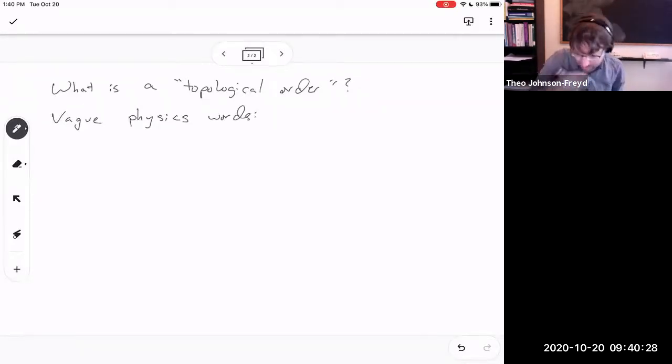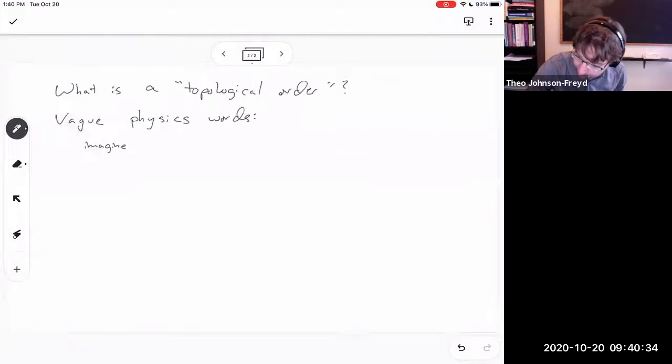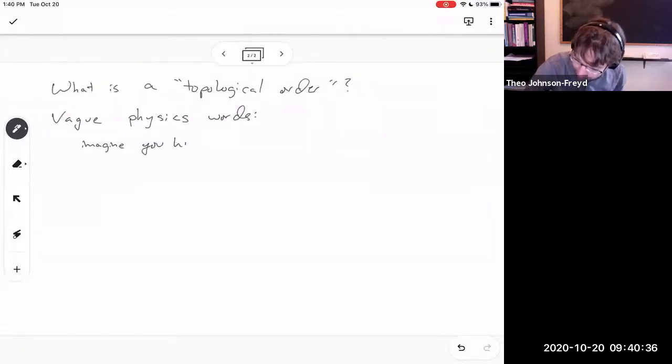So the vague physics words are that you should imagine that you have some sort of high energy, microscopic theory, a quantum system.